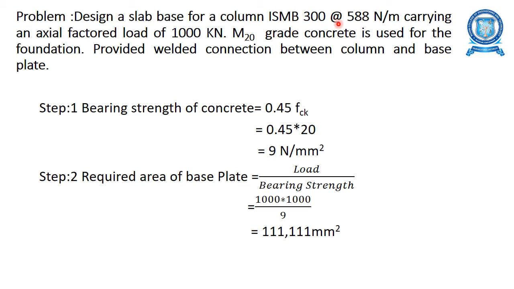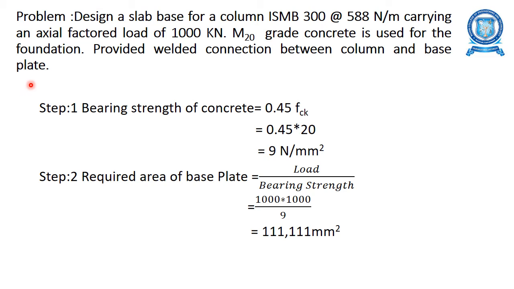In this problem, the size of the column is given as Indian Standard medium beam 300 at 588 Newton per meter. The axial factored or ultimate load is 1000 kilonewton. The grade of concrete is also given as M20. So you have to find the connection between the column as well as the base plate.